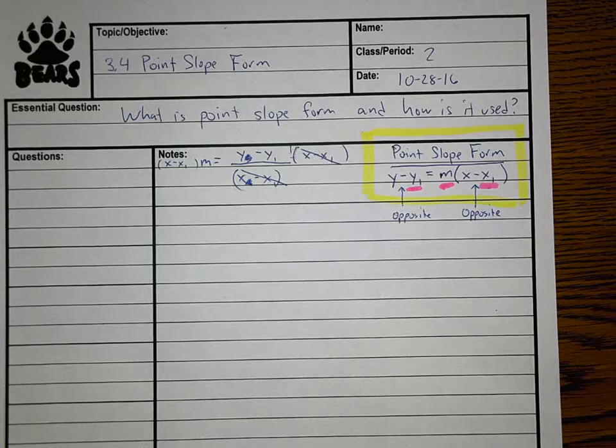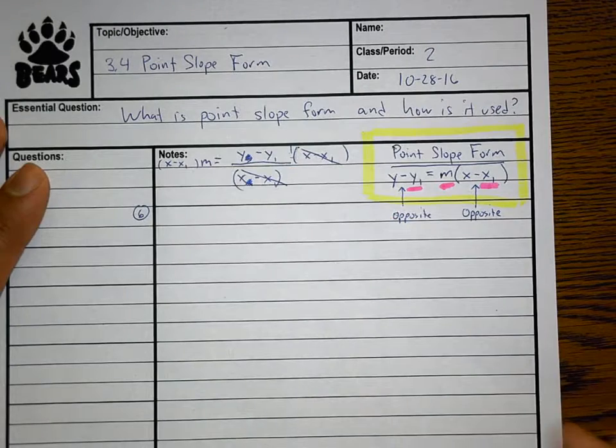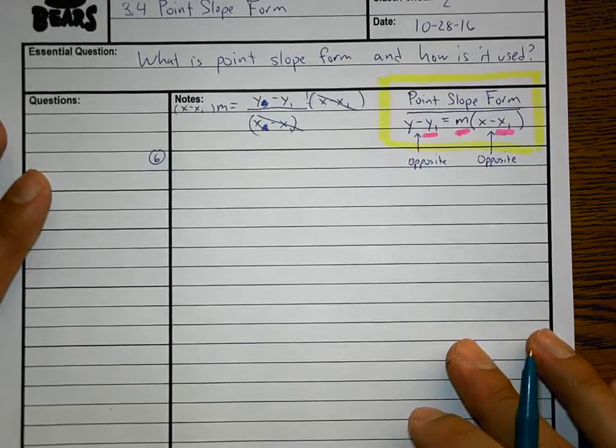Point slope form looks harder than slope intercept form, but if I can remember opposite, it's really easy to use. It's preferred in higher level mathematics. Let me give you an example. And this will be like number 6 on your worksheet.